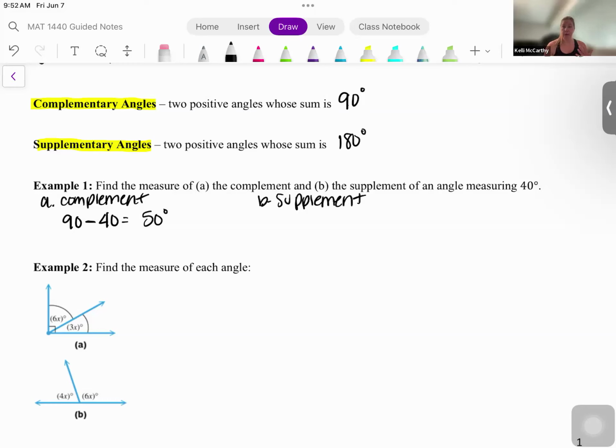To find the supplement, we're going to do a similar thing, but the supplementary angles sum to 180 degrees. So we're going to take 180 and subtract 40. So the complement of an angle of 40 degrees is 50 degrees, and the supplement is 140 degrees.